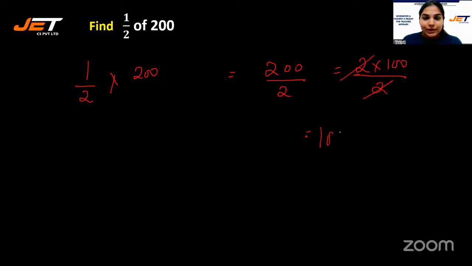It is equal to 100. 100 is the answer. All right. Next, 1 by 2 of 400. Questions are very, very easy.